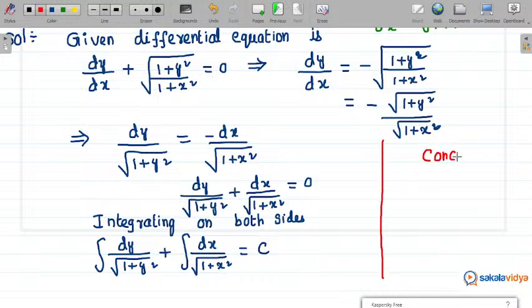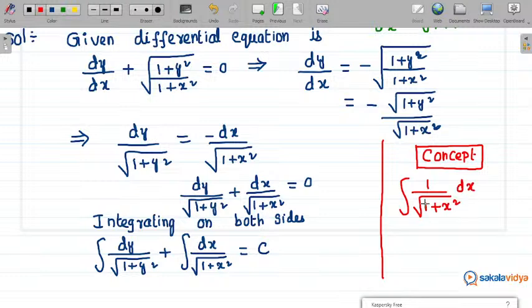What is the concept to be remembered? Very important. Integral of 1 upon under root of 1 plus x square dx is one of the standard formulae of integration.